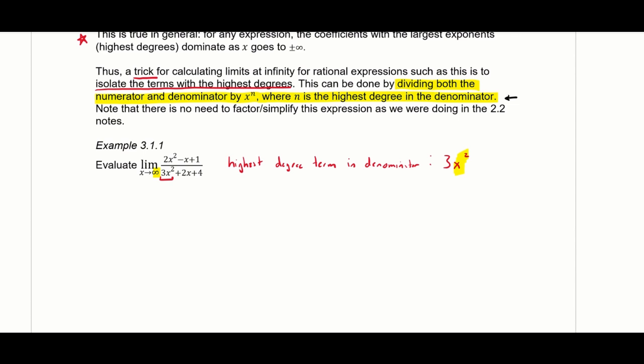So this trick is going to let me do the following. When I'm calculating the limit as x goes to infinity of 2x squared minus x plus 1 over 3x squared plus 2x plus 4, I'm going to divide both my numerator and my denominator by this highest degree term, or specifically the x squared piece. So I'm going to take this numerator and divide it by x squared, and do the same for the denominator.